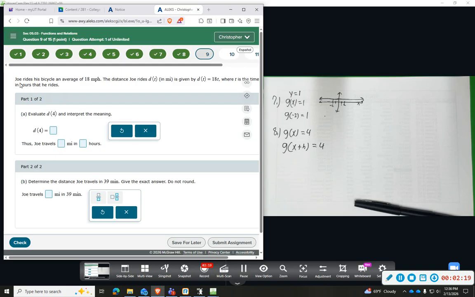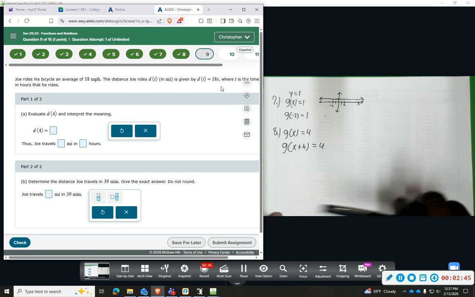Number 9 tells us Joe rides his bicycle an average of 18 miles per hour. The distance Joe rides, d of t, in miles is given by d of t equals 18t, where t is the time in hours that he rides. So we're going to do two parts. We're going to evaluate d of 4, and all we're going to do is just plug in the 4 to this equation.